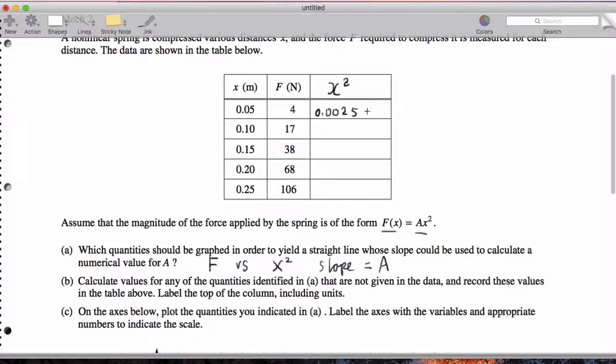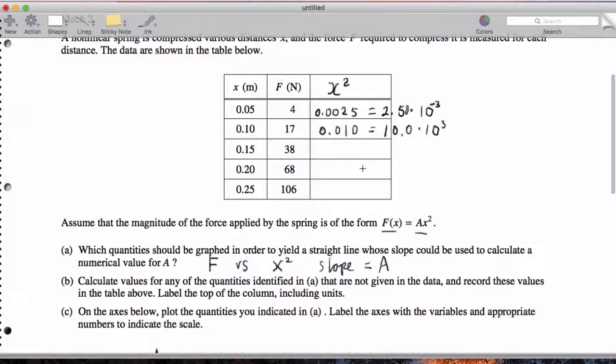So this is 0.0025. So I'll write that as 2.5 times 10 to the negative 3. Continuing here, this 0.1 squared is 0.10, which is 10.0 times 10 to the negative 3.